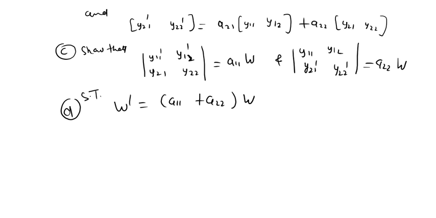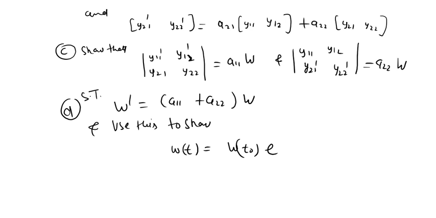Use this to show the final result, that W(t) can be written as W(t0) e raised to the power integral t0 to t of the trace of matrix A, which is A11(s) plus A22(s) ds, and t running from A to B. So finally you need to show this.